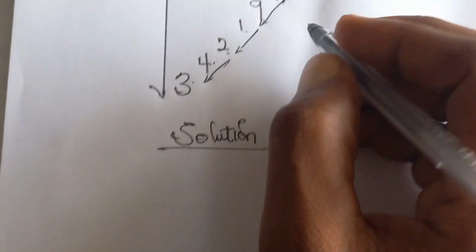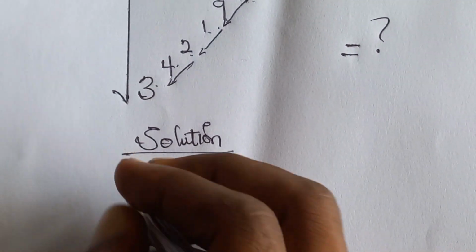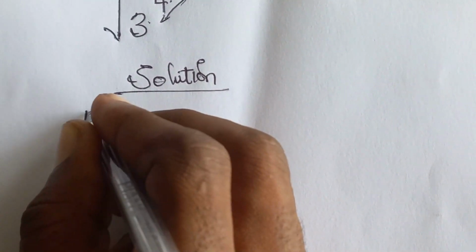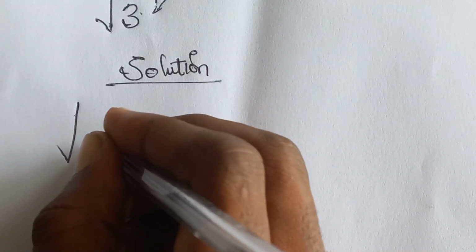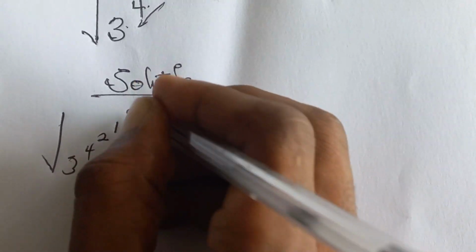So now, we tackle 9 exponent 9 first. So it is 3 exponent 4, exponent 2, exponent 1, exponent 9, exponent 9.